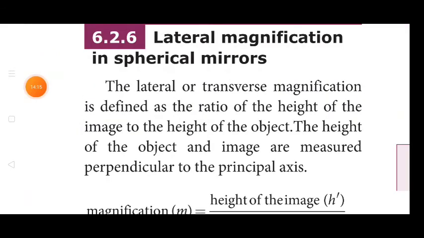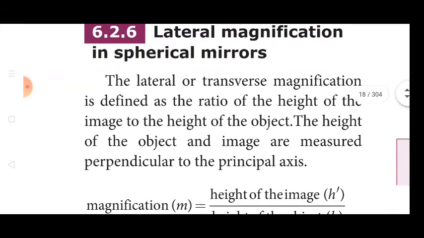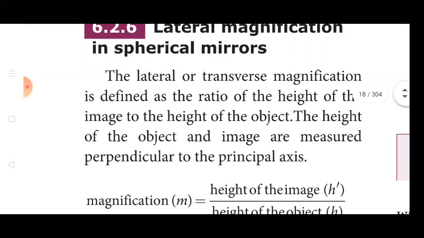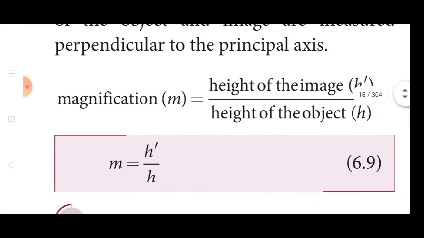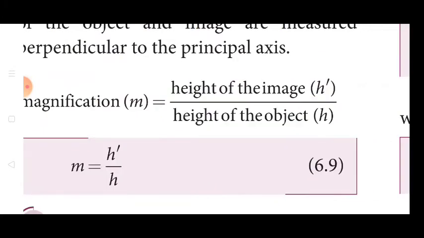Our next topic is lateral magnification in spherical mirrors. The lateral or transverse magnification is defined as the ratio of the height of the image to the height of the object. The heights of the object and the image are measured perpendicular to the principal axis. See that magnification m is equal to height of the image h dash by height of the object h.